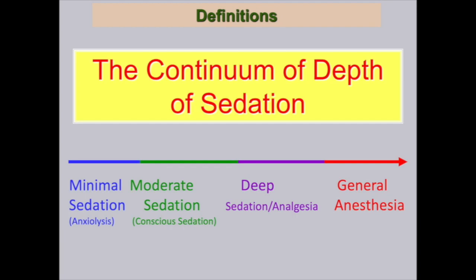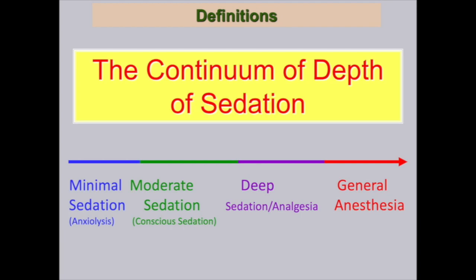And these depths of sedation, they move along a continuum. So you can go from one level up to another level and slide right into it, and your permit might not allow you to be able to treat that level of sedation. But you should be able to rescue from the next level of sedation that you have a permit for.